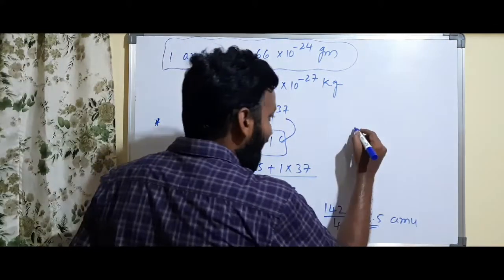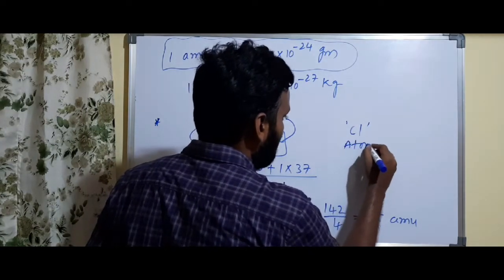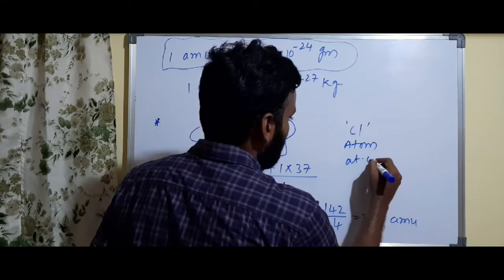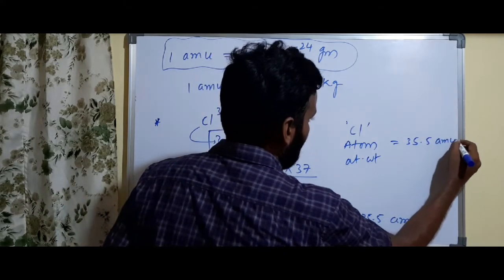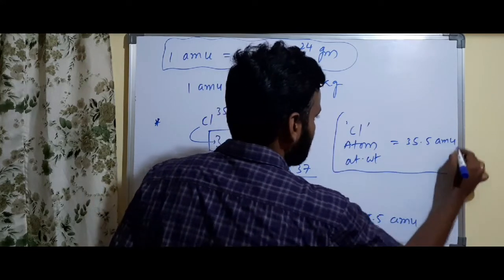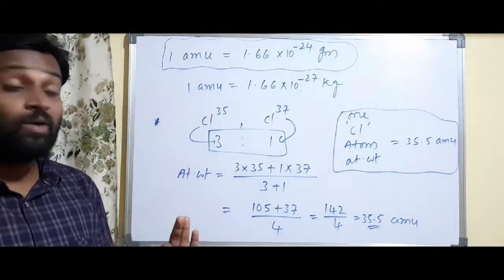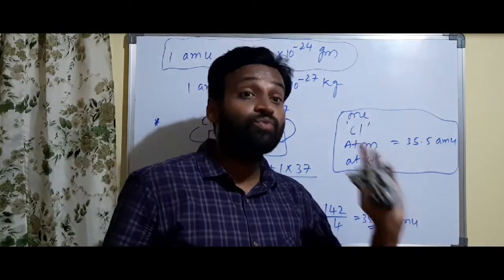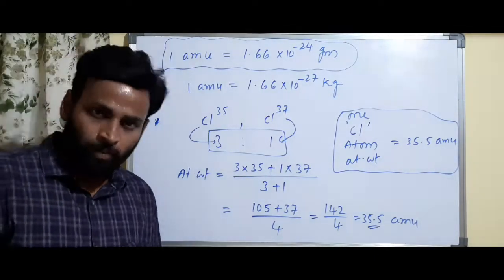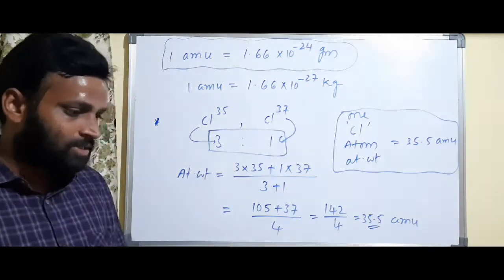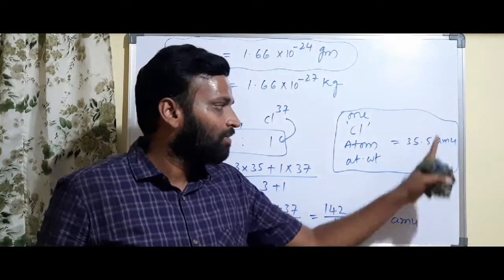Sir, the chlorine atom's atomic weight is how much? It means 35.5 AMU, for 1 chlorine atom. For 1 atom, we represent the mass in AMU, 35.5 AMU.